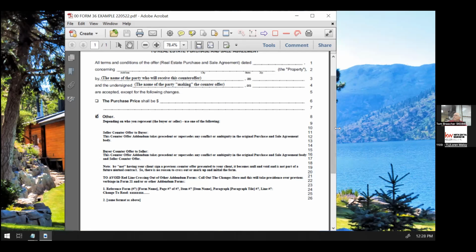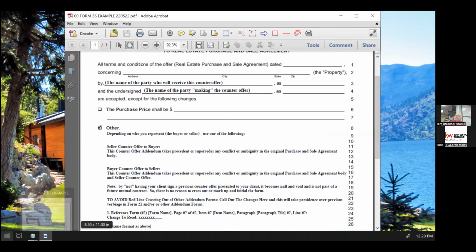Now, this may not be proper, but when I was in the 4th grade, we used to celebrate Valentine's Day. And this is how you think about this form. Who you're going to send it to is on line 3. And who you represent, the undersigned, is on line 4.